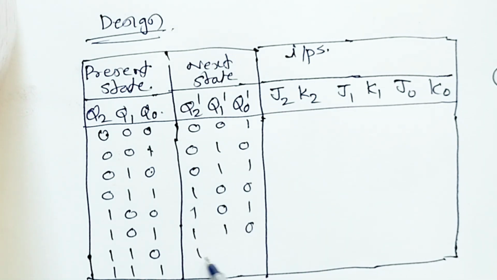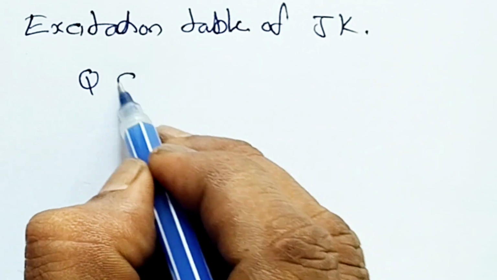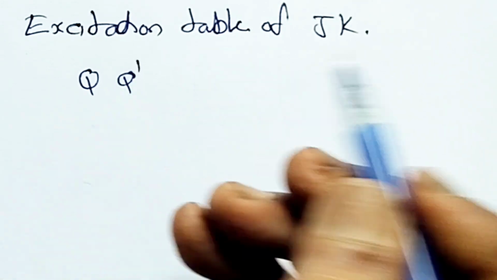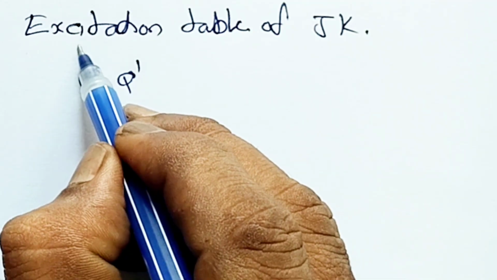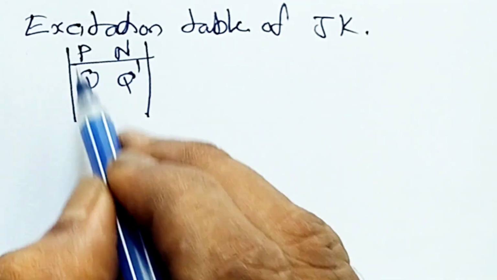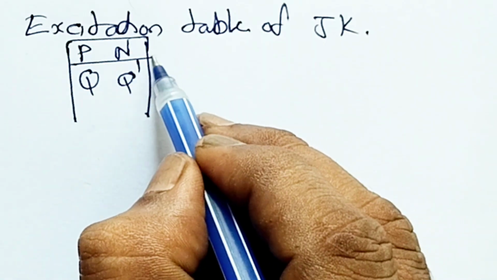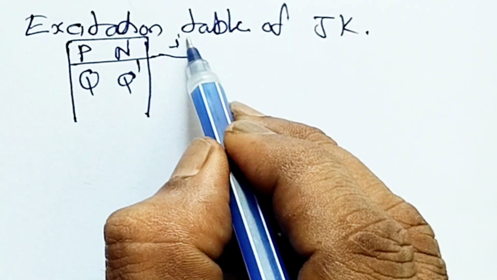So accordingly we will fill the table this way, and after writing all the next state combinations, let's recall the excitation table for JK flip flop. Then only we will be able to proceed as far as the design of inputs is concerned.